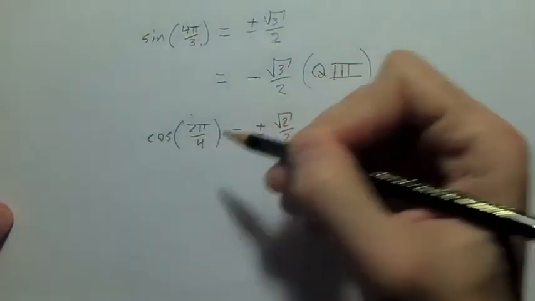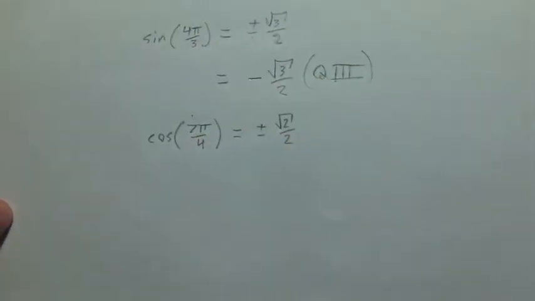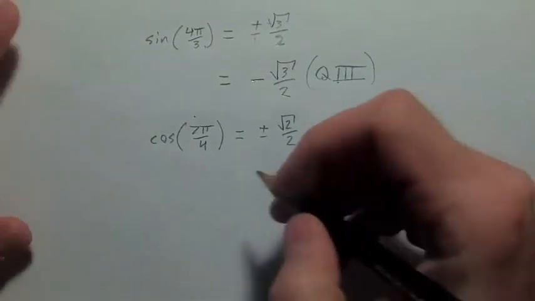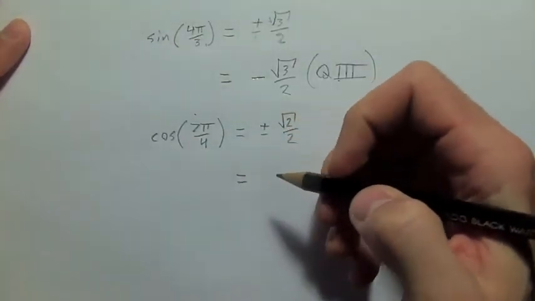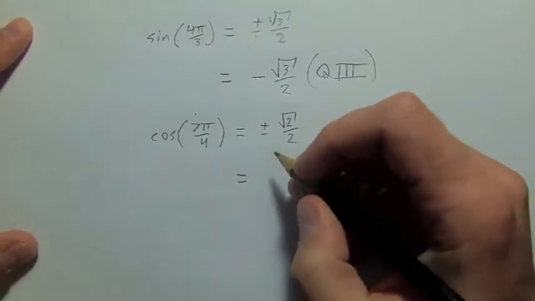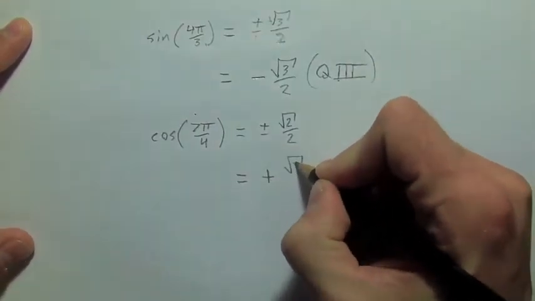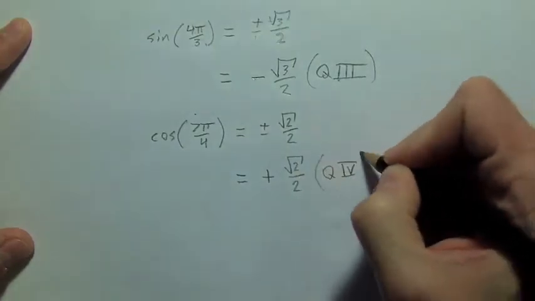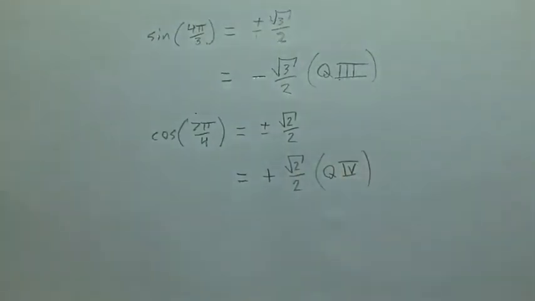Well, 7 pi over 4, that is quadrant 4, right? And usually that one you can pick up right on because it's way more than the other ones. Now cosine is positive in quadrant 4, so we're going to pick positive square root of 2 over 2 since we are in quadrant 4.